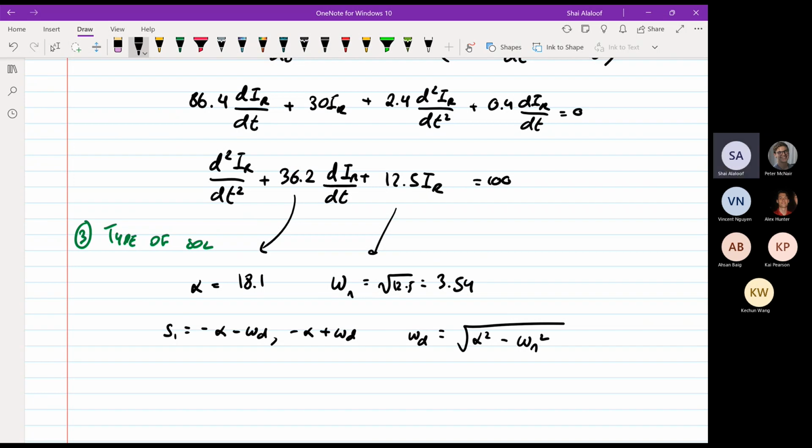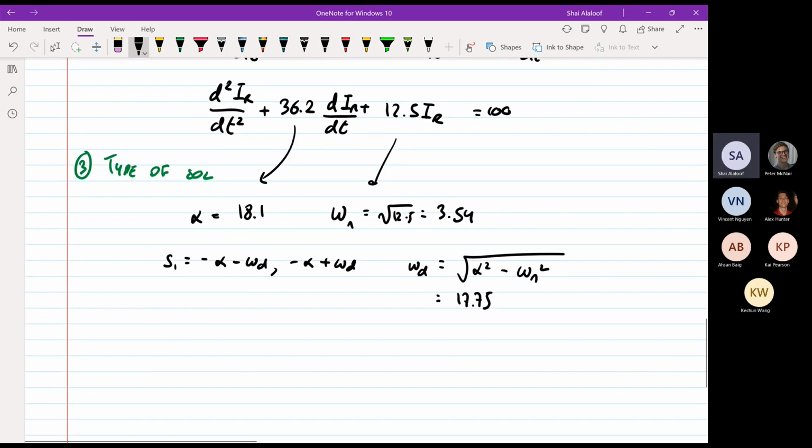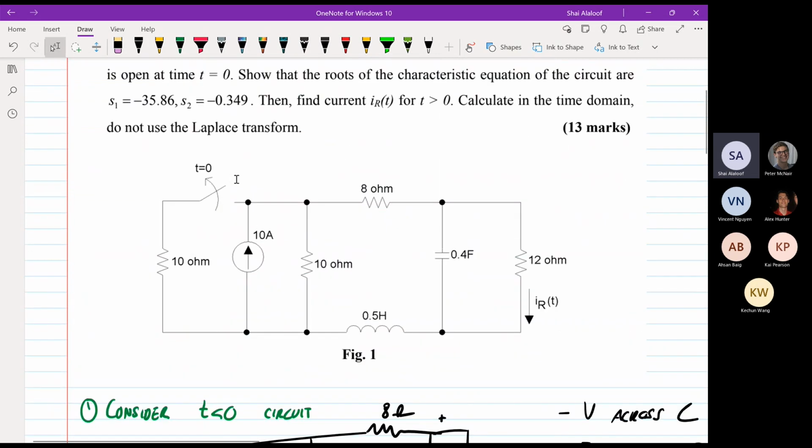If I do that really quick, that should give me about 17.75. I hope you guys are following. Then if you plug all of that into the calculator, you get minus 35.85 and minus 0.35.